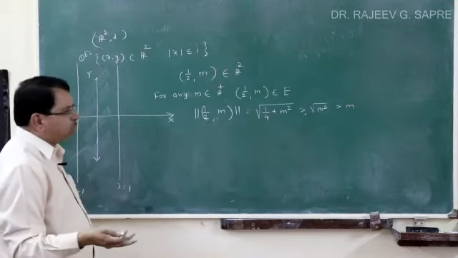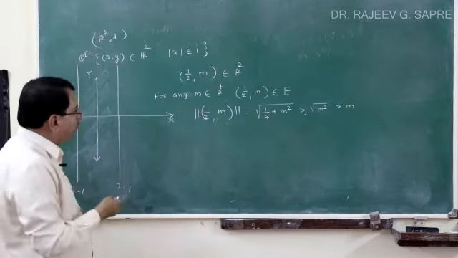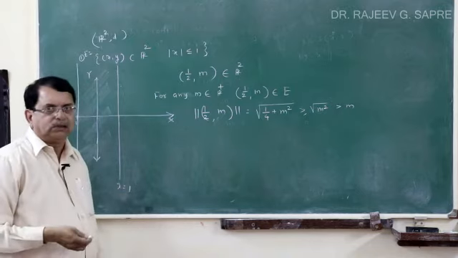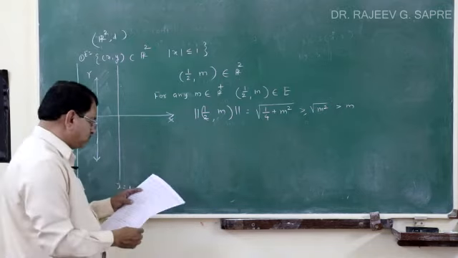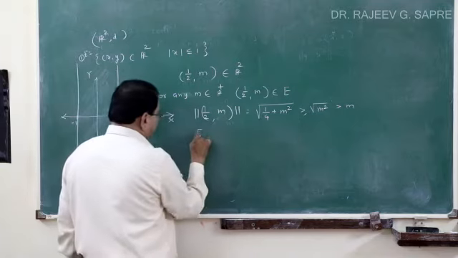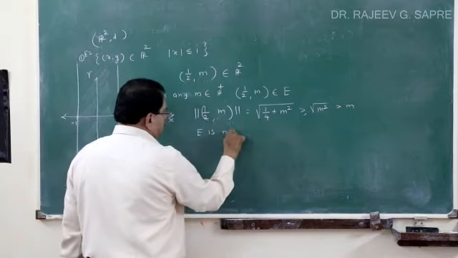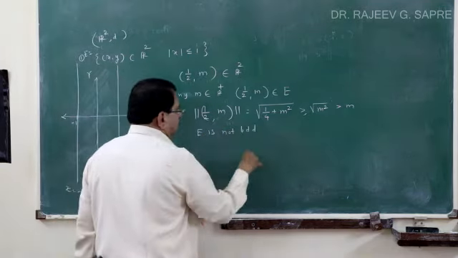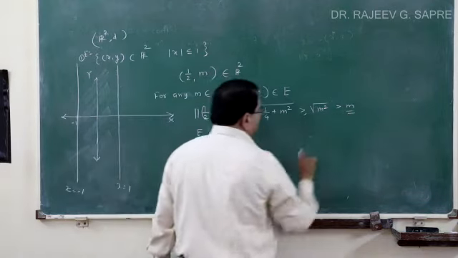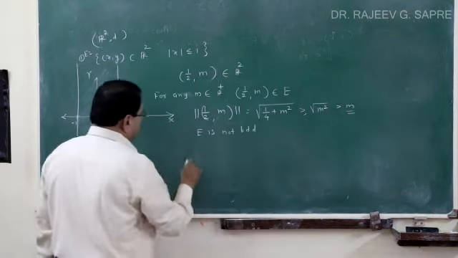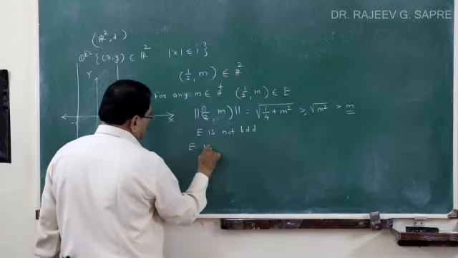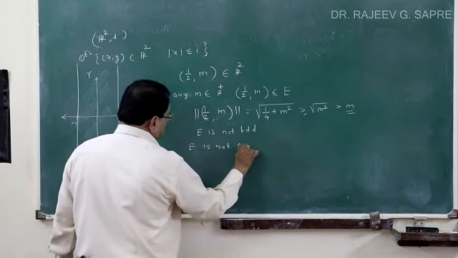So definitely the set is not bounded, and as it is not bounded, this cannot be compact. So this set E is not bounded because the norm is greater than m. Remember, it is greater than m, so not bounded, and so E is not compact.